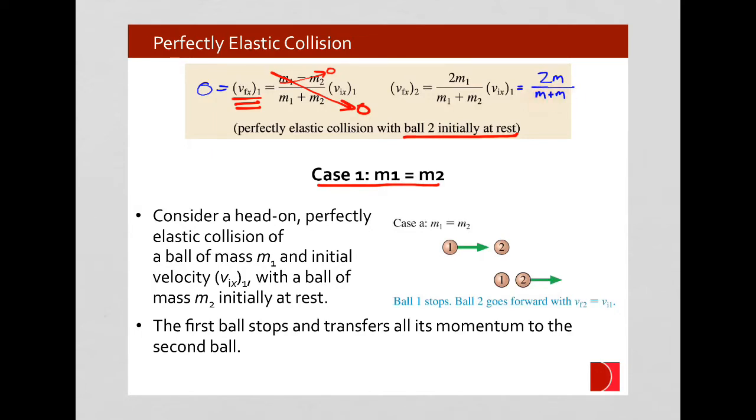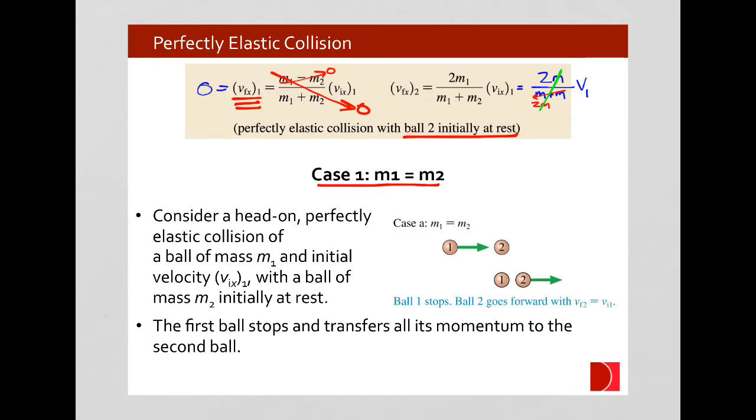We see here, if we look at m plus m, that's basically 2m, and when those cancel, that's telling us that the final velocity of the second particle is equal to the initial velocity of the first particle. In that situation, the first particle is incident on the second particle. After the collision, the first particle is at rest. The second particle is moving in the same direction with the same velocity as it had before.